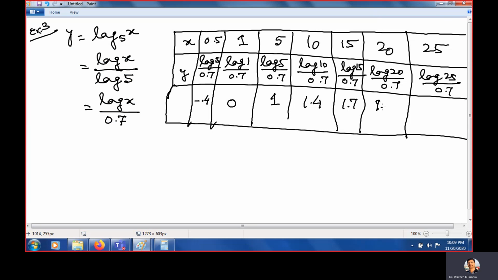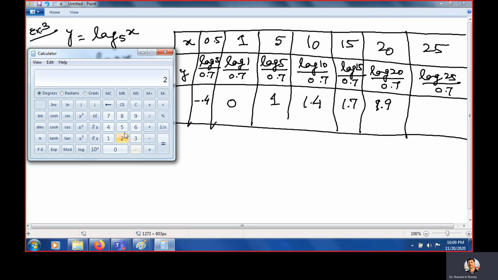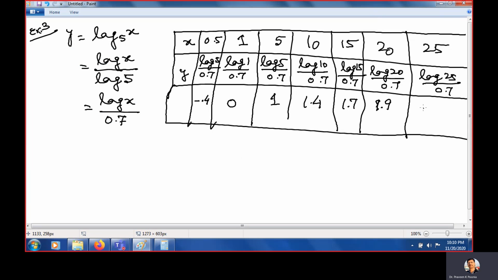We can say 1.9. And log 25 divided by 0.7. Oh, that is 1.99. So it is almost 2.